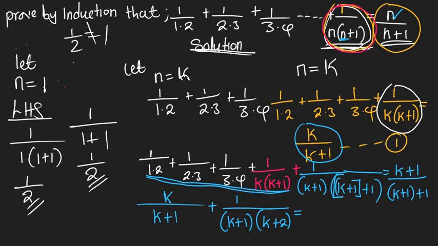Then this is going to equal to k plus 1 over, this is going to be k. Remember, this is 1 plus 1. This one here plus this one here is going to be k plus 2.